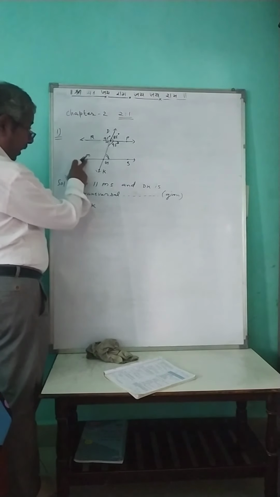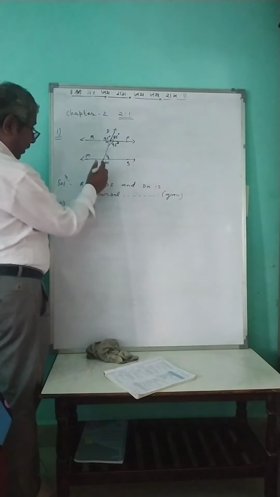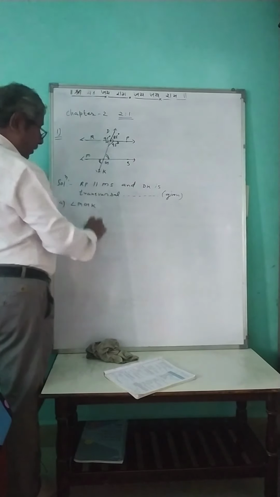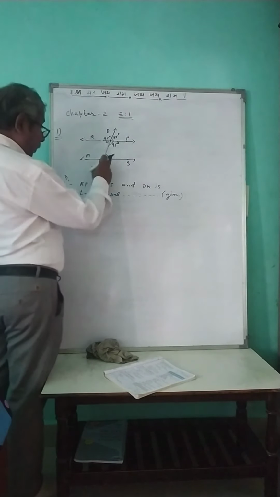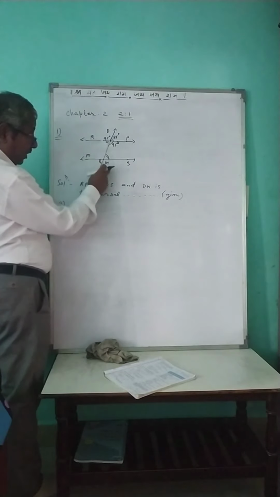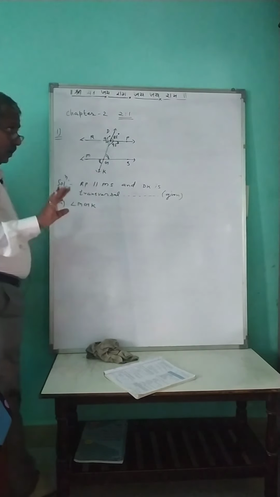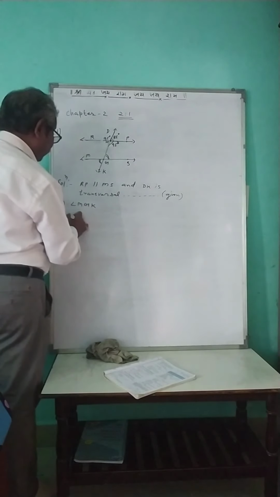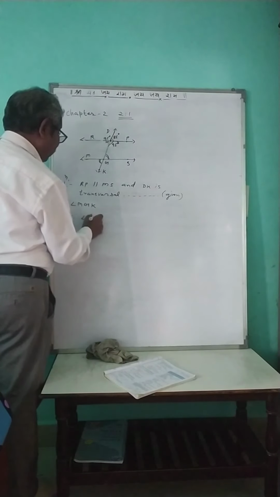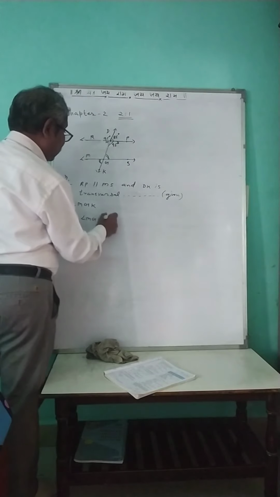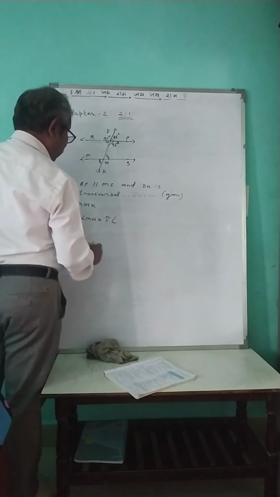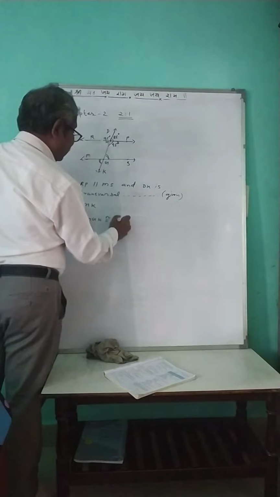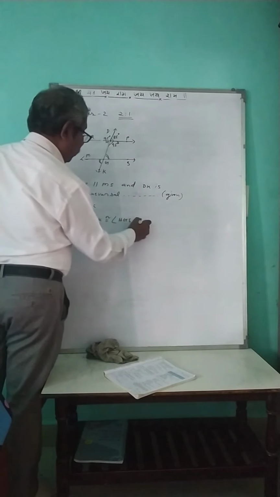So see here, MGK means this angle. Okay, so now see here, this MGK and HGS are vertical opposite angles. Therefore, angle MGK is congruent to angle HGS. Why?